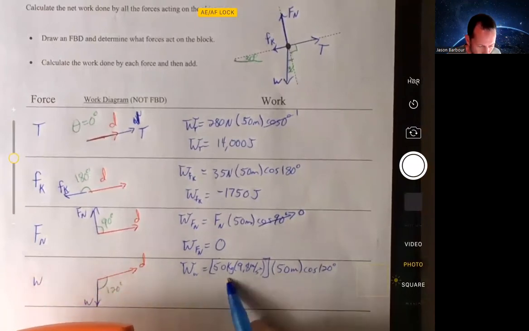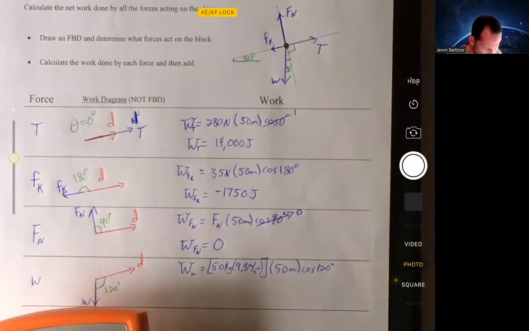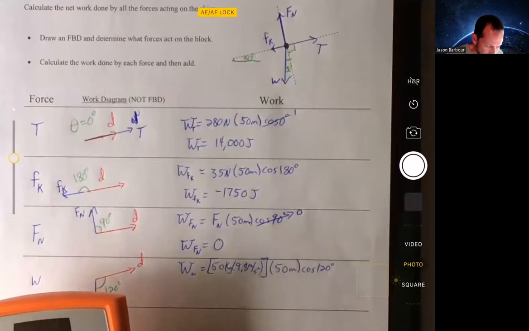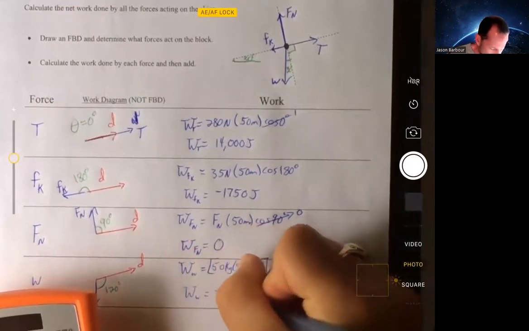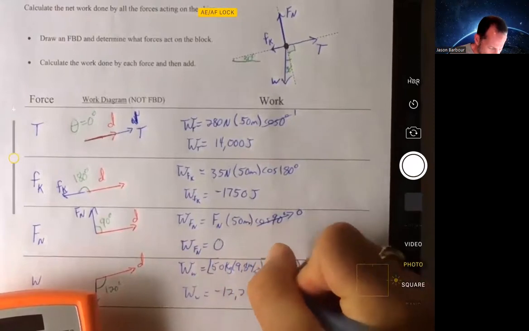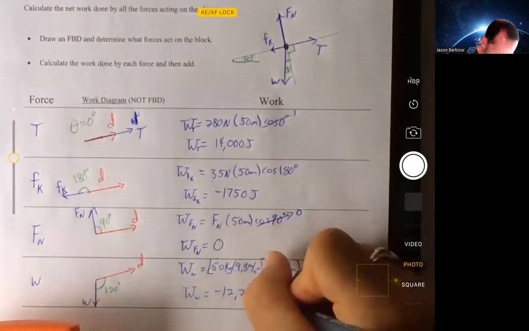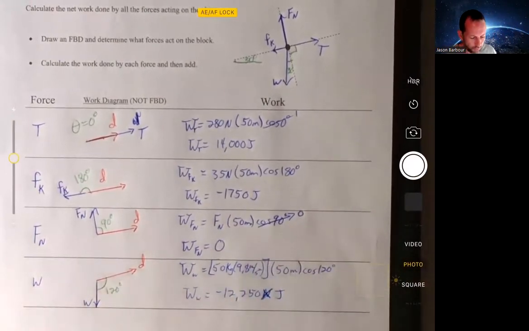There's two 50s, the kilograms for the mass, and then the displacement, magnitude of displacement, times cosine of 120. And that comes out to be negative 12,250 newtons. Oh, joules. Sorry about that. Joules. Newtons times meters is a joule.